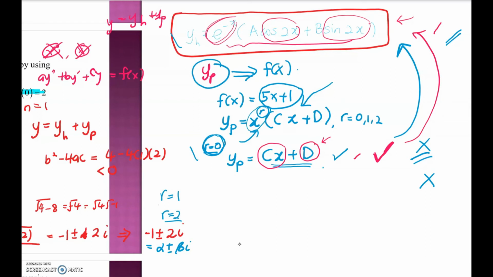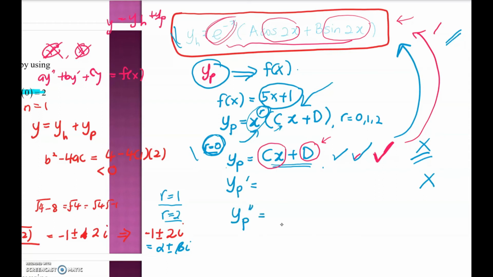So if, let's say, you have r equals 1, then your solution YP becomes cx squared plus dx. Since we have no term in YP which is similar to our YH here, then we can say that this is my correct initial guess. When you say this is your correct initial guess, then you find the first derivative and second derivative of your YP.